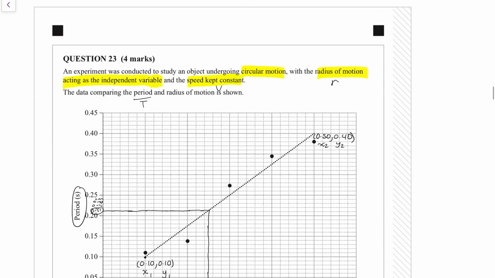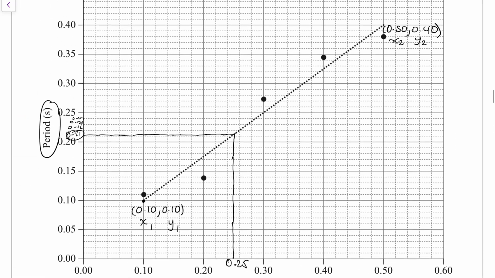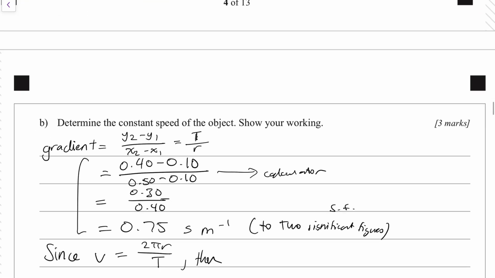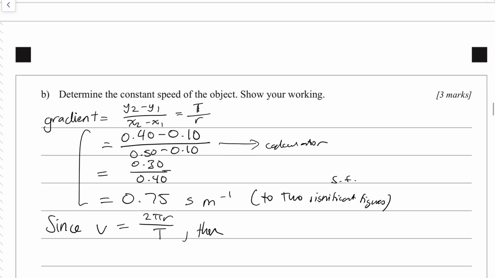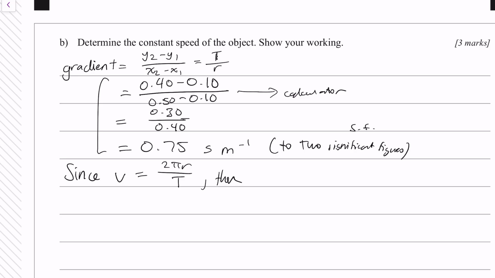So using my variables, I know that the gradient is the period, or capital T, over my x value, which is the radius. So I need to rearrange the formula somehow to get to a point where I have T over r.